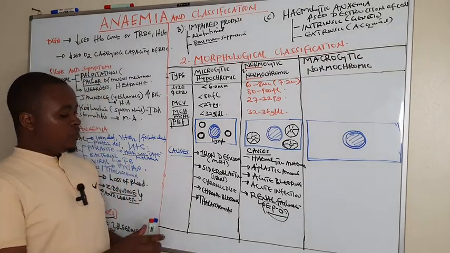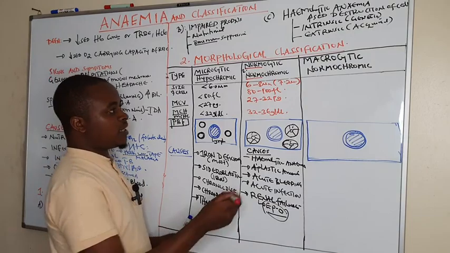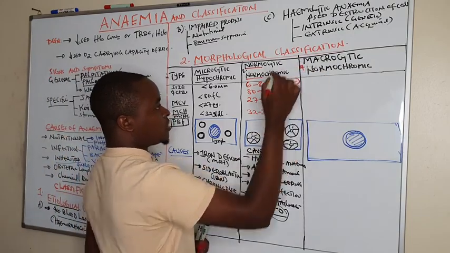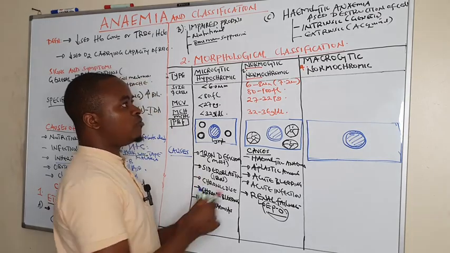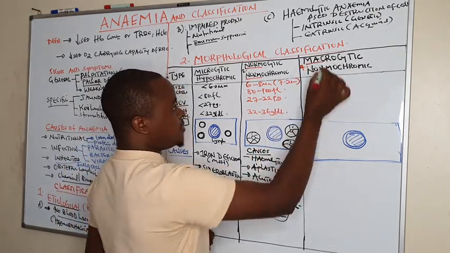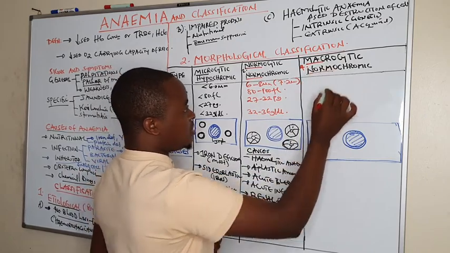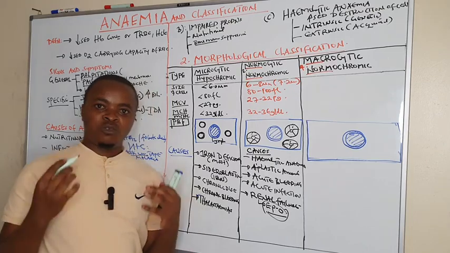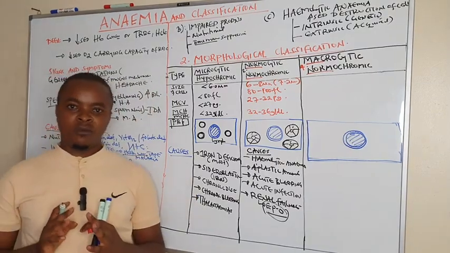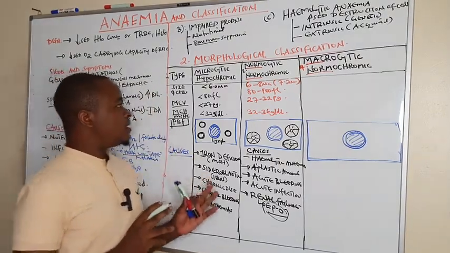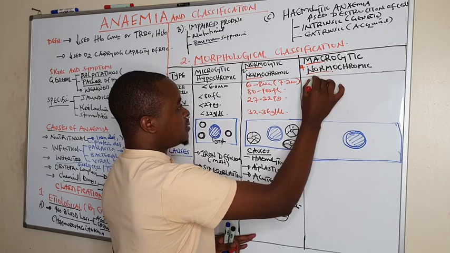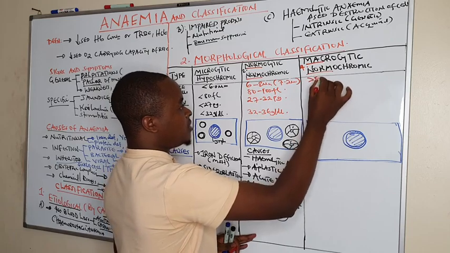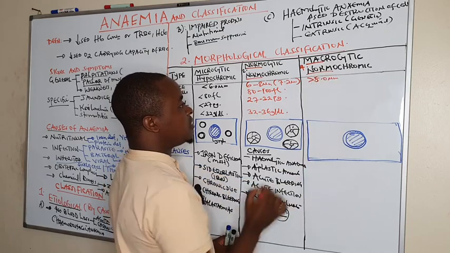Then lastly, which is number 4, we can discuss macrocytic normochromic. Under macrocytic, macro means cells are big in size. Then normochromic, meaning the HB content is normal. And on measuring the size here, it will be greater than 8 micrometer in diameter.